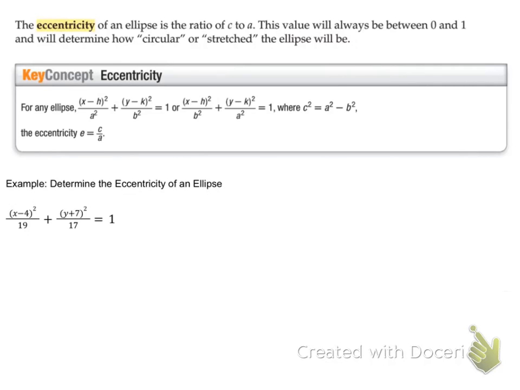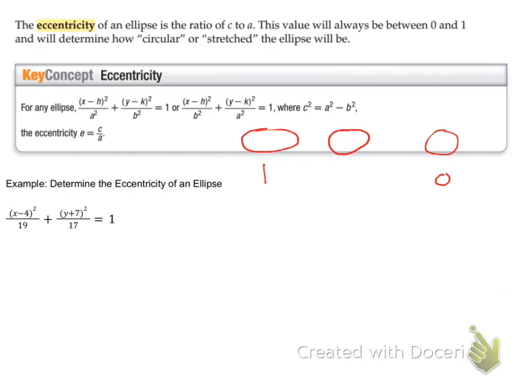I like to think of this as on a scale. This scale says, hey, I got things that look like ellipses, I got things that kind of look like ellipses, and then I got things that don't look like an ellipse at all. This has a value of 1 on the scale versus the circle has a value of 0.